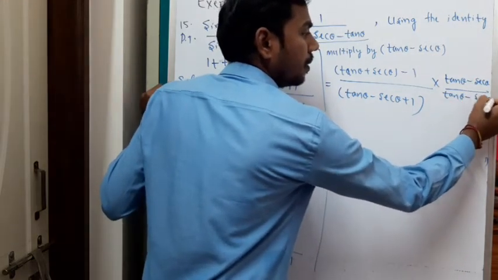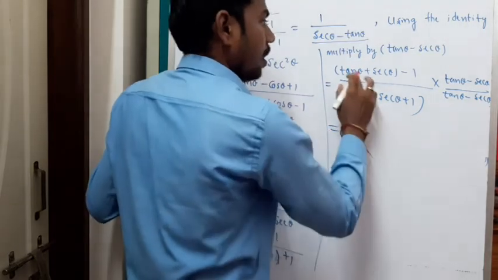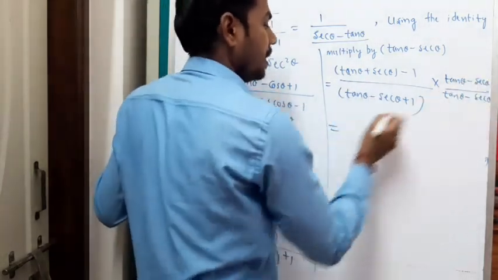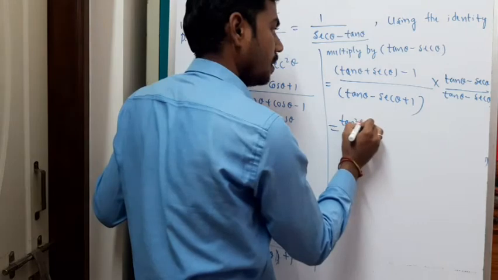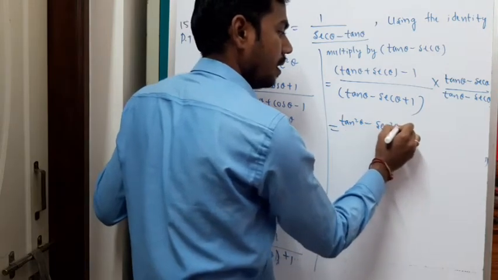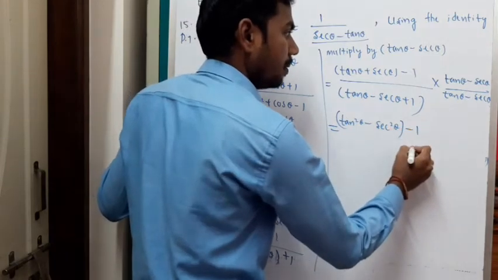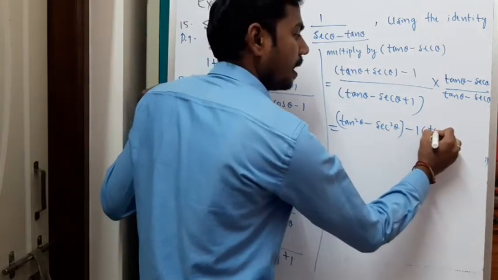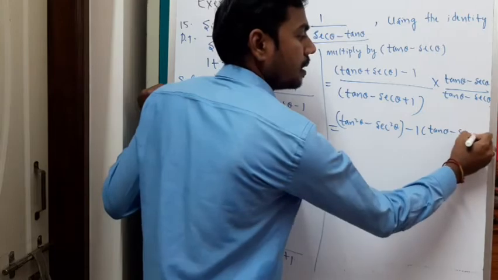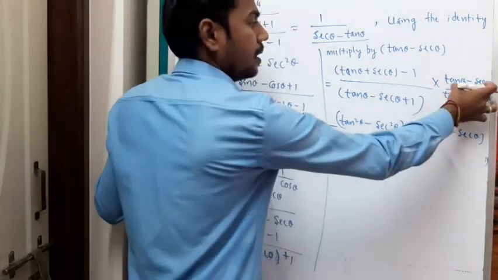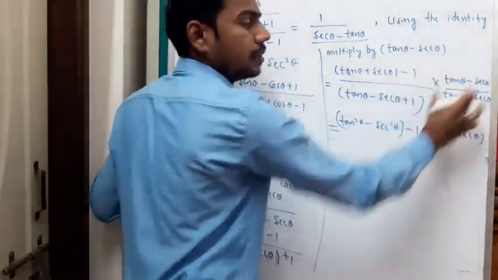Using a plus b into a minus b, that is tan square theta minus secant square theta, minus 1 into tan theta minus secant theta. How did I get it? This into this, minus 1 into this.